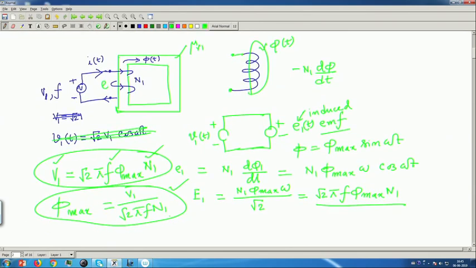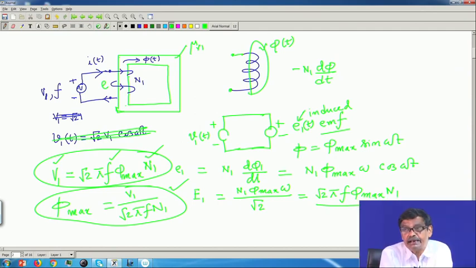So, no matter what kind of magnetic material it is, good magnetic material, bad magnetic material, the moment supply RMS voltage and supply frequency are known, phi max in the core is decided. A very crucial point to go ahead with the concept of transformer. We will continue with that. Thank you.